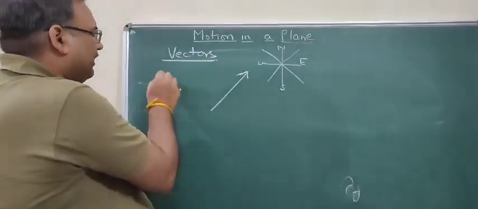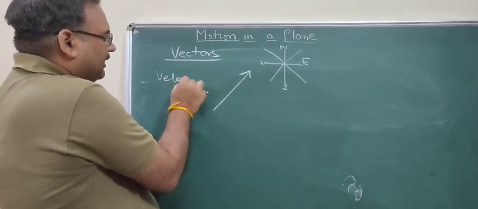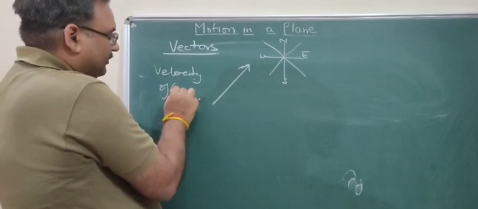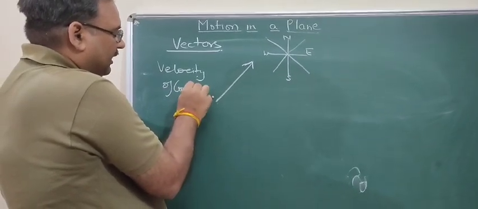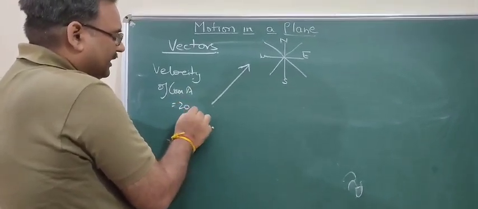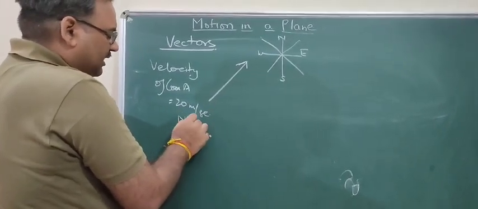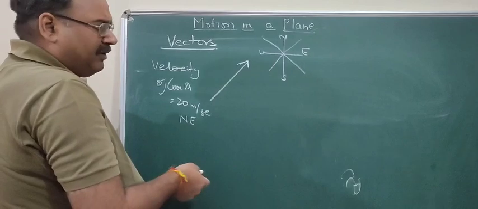For example, we have velocity. Velocity is a vector quantity. Velocity of car A is 20 meter per second in northeast. What we will do?